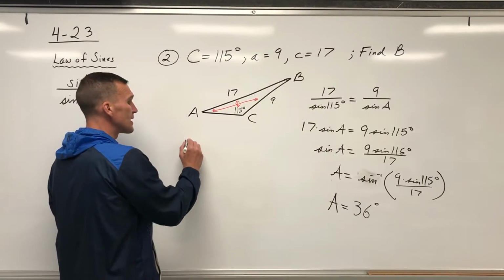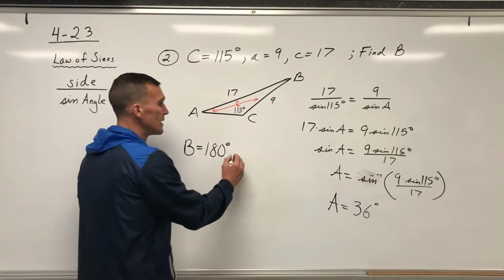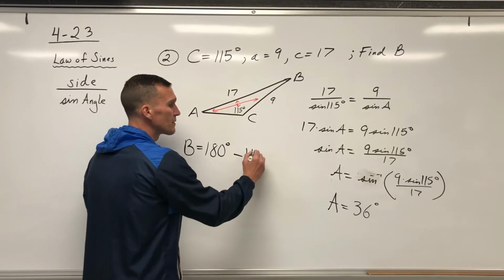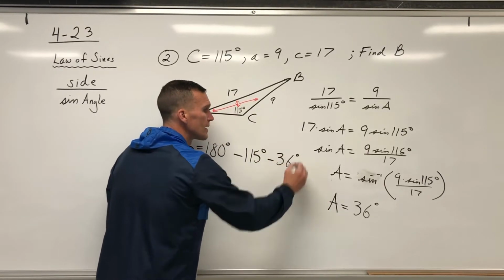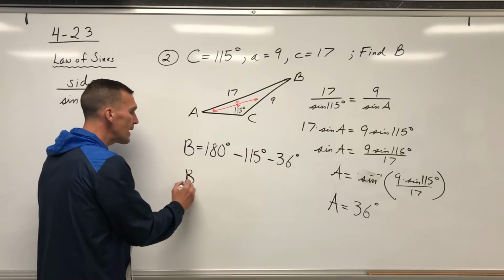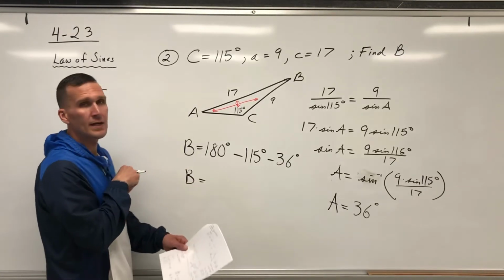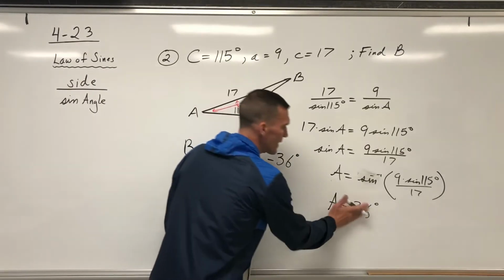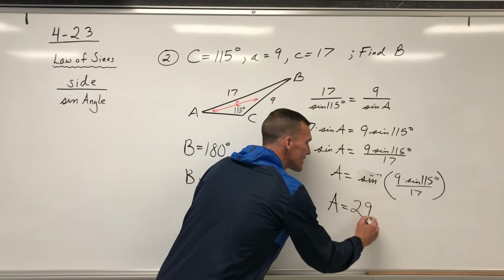So you can simply say angle B is the 180 degrees in a triangle. Take away the 115 degrees that we gave you. Take away the 36 degrees that you found, and angle B is, oh, I'm sorry, I gave you the wrong number. Go back. Angle A is 29 degrees.